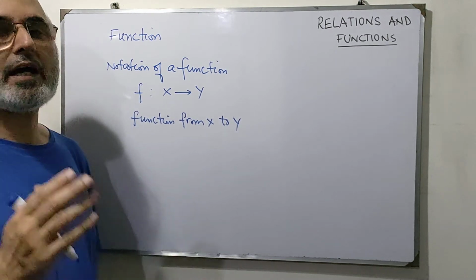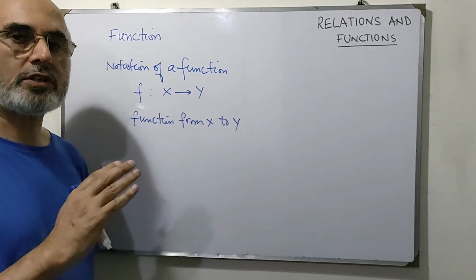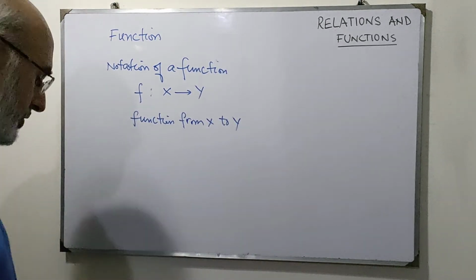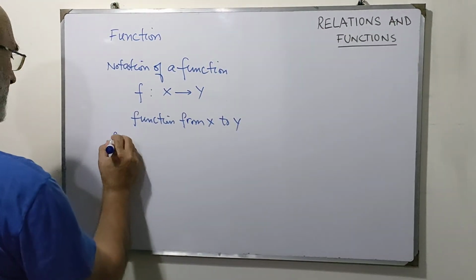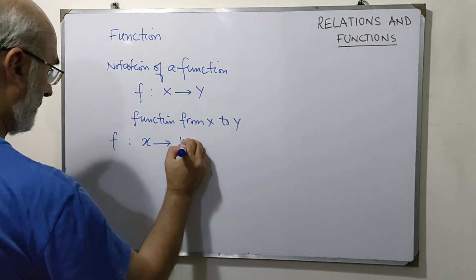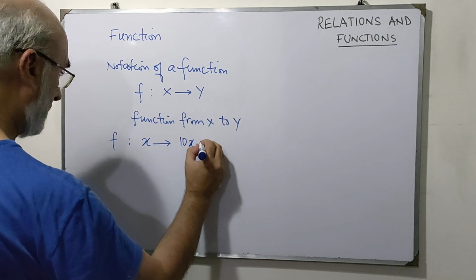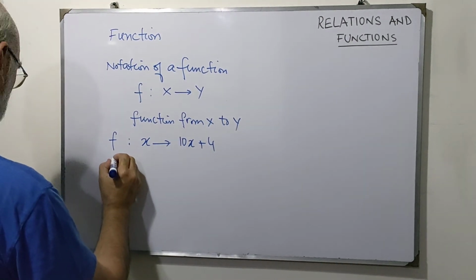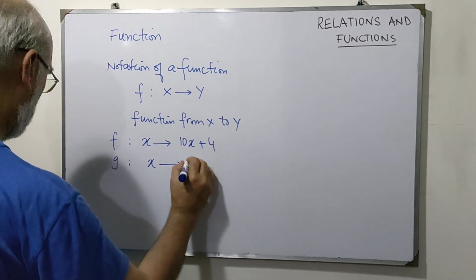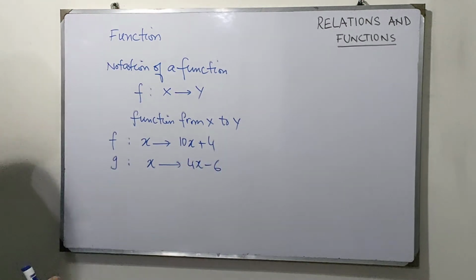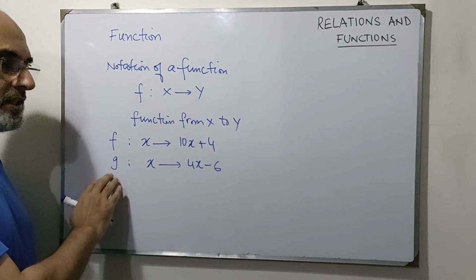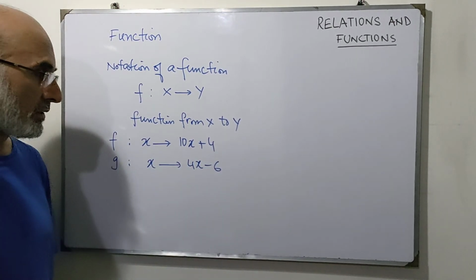Now suppose we have two functions f and g, and let's do some examples with those two functions. So I have f, a function from x to 10x plus 4, and a function g from x to 4x minus 6.